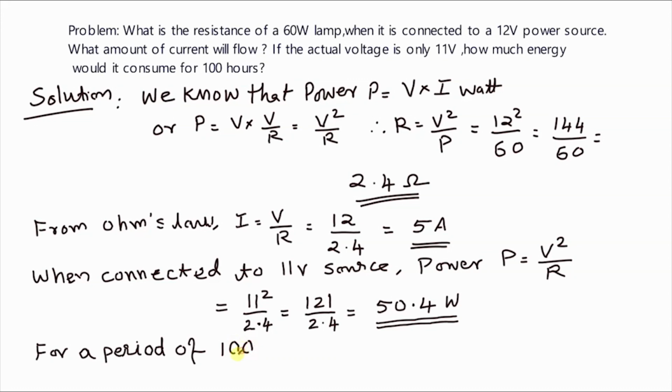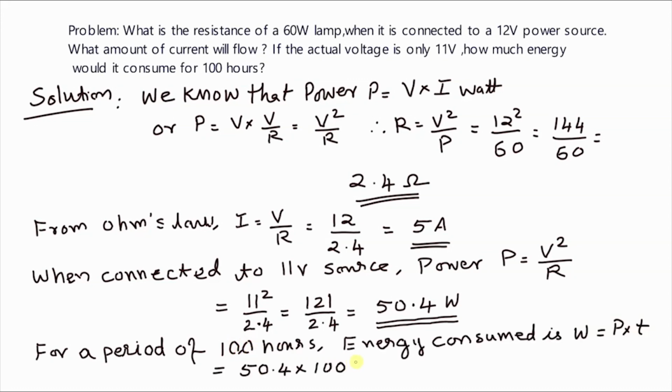For a period of 100 hours, energy consumed is W equal to P into T, that is 50.4 into 100 hours.